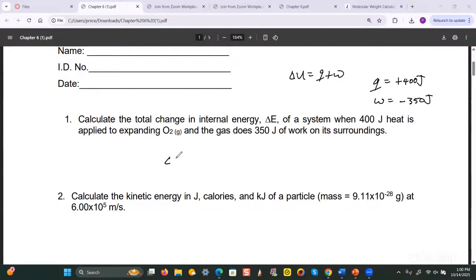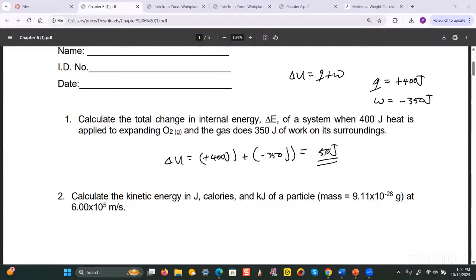So ΔU would be equal to plus 400 joules plus minus 350 joules. So that would be equal to 50 joules. And that's it. All right. So again, you have to pay attention to how the question is worded so that you know what signs you would use for both Q and W.